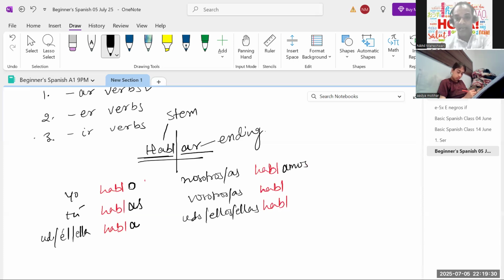It becomes hablamos. For vosotros, vosotras, I add áis. It becomes habláis. And for ustedes, ellos, ellas, I add an. So it becomes hablan. This is the pattern. Whenever you see an AR verb, you just need to break the verb into two parts, take the stem and add these endings.